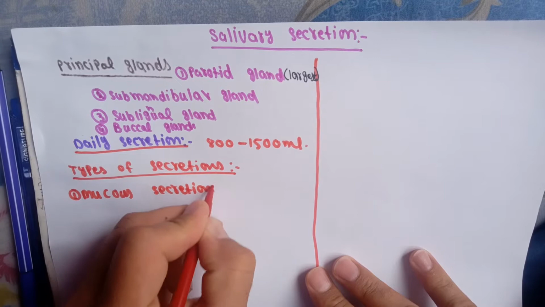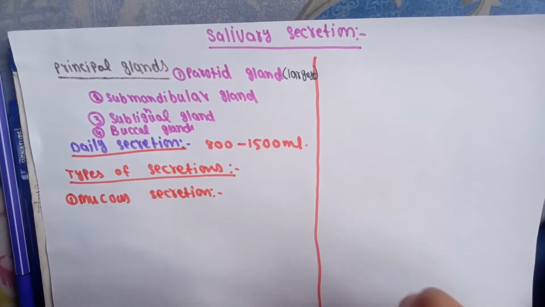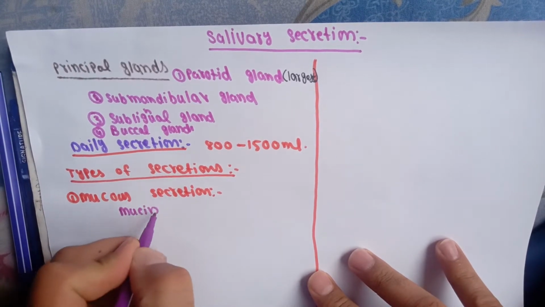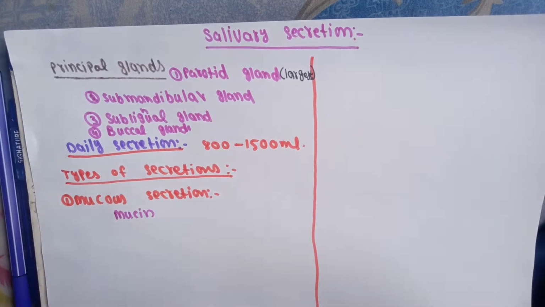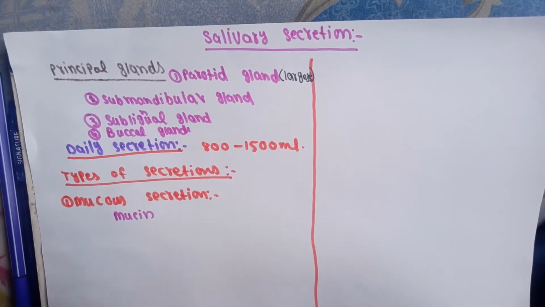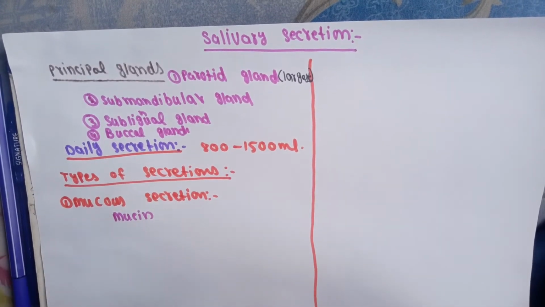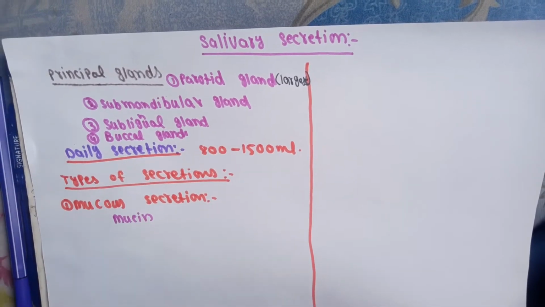In mucus secretion, what is actually secreted is mucin. And what is the function of mucin? It acts as a protecting and lubricating agent. So mucin is secreted and helps in protection and also in lubrication.